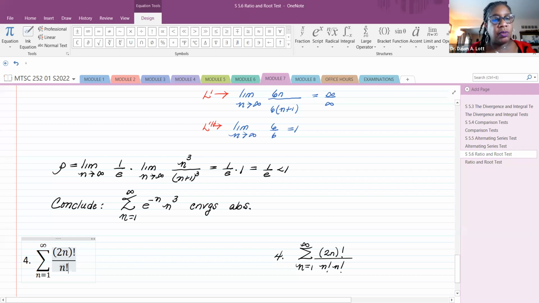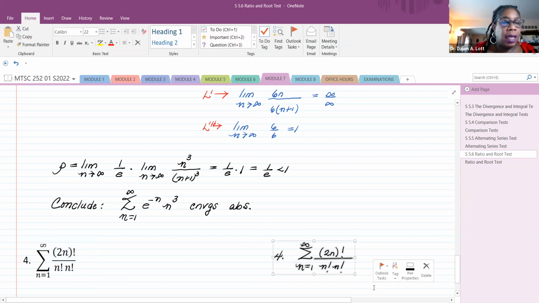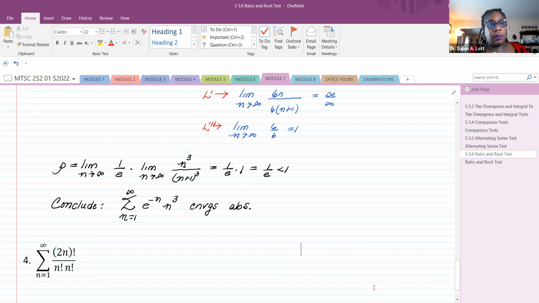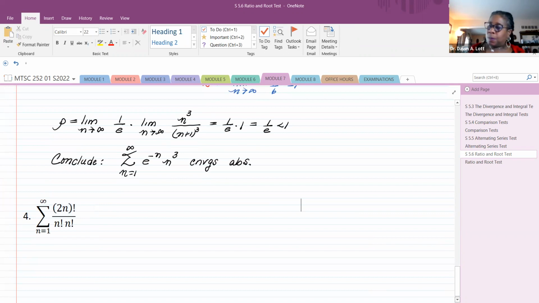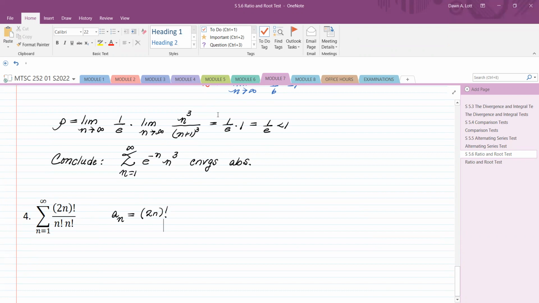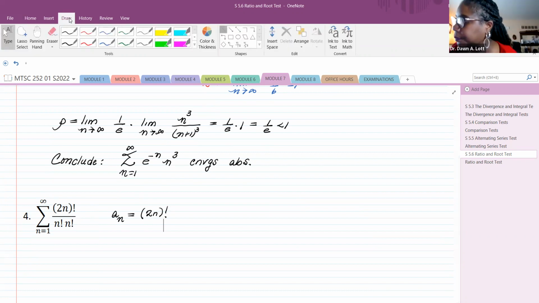Bottom, I have n factorial, n factorial. Aha. Okay. This one uses a lot of factorials here. All right. a_n is 2n factorial divided by n factorial, n factorial.